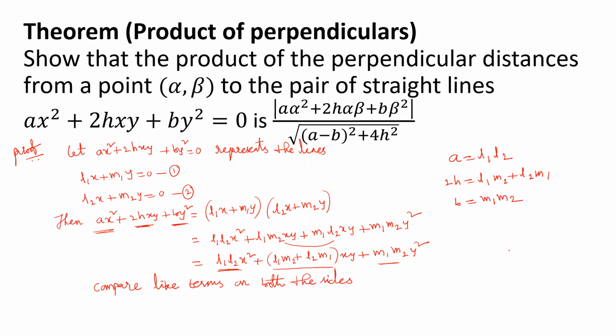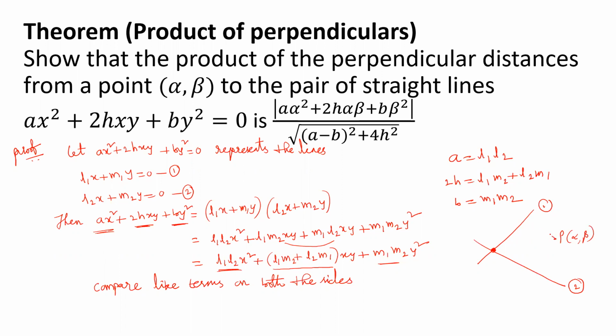Next, what is the theorem actually here? Product of the perpendicular distances from a point alpha comma beta to the pair of lines. See, these are the two lines, first and second, which are passing through the origin. This is the origin here. And there is a point P, say for example P alpha comma beta.